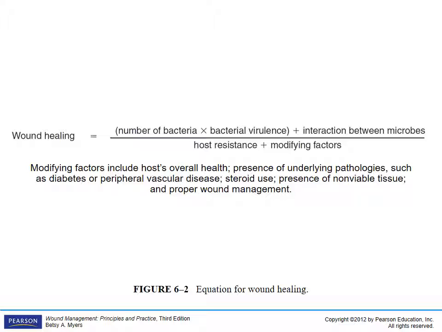Maybe there's non-viable tissue or necrotic tissue or slough where the bacteria can live and breed. Or if there's proper wound management, then that decreases the bacteria. That is a modifying factor that increases the host's resistance. So it helps that equation on the bottom side of that equation.